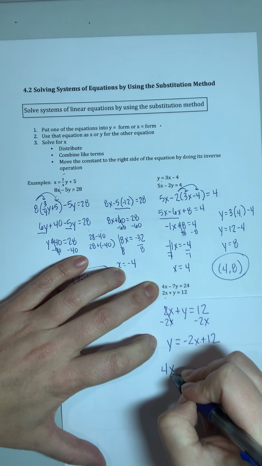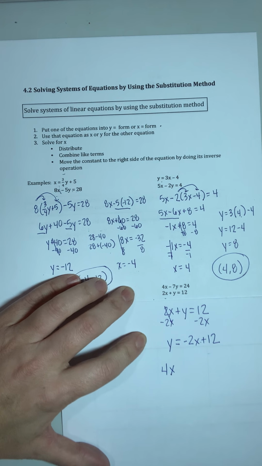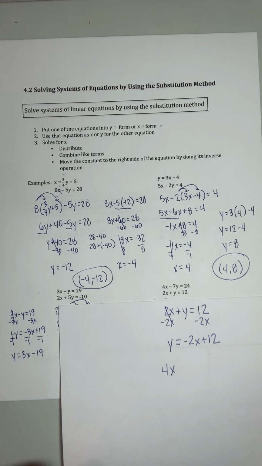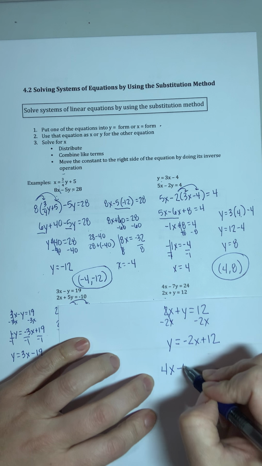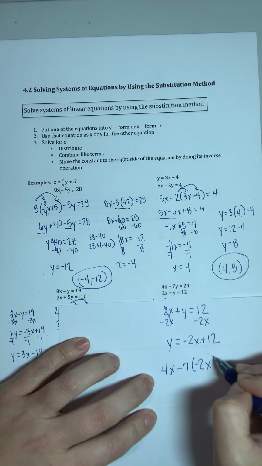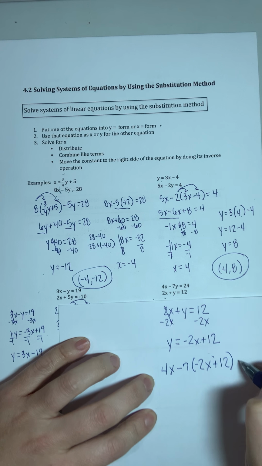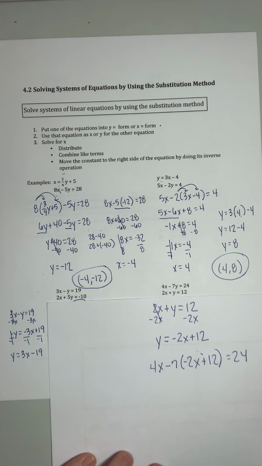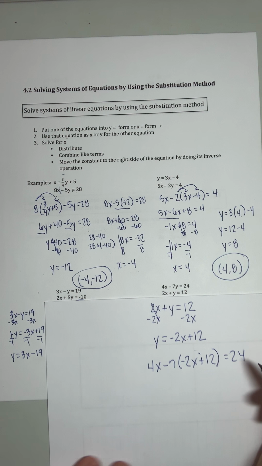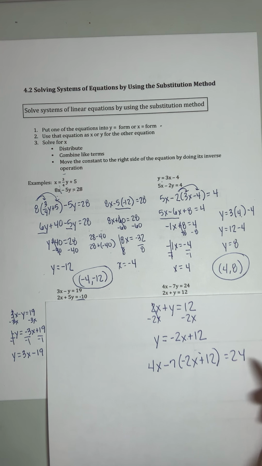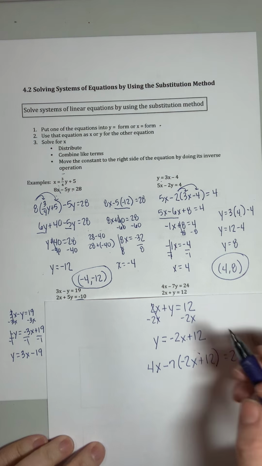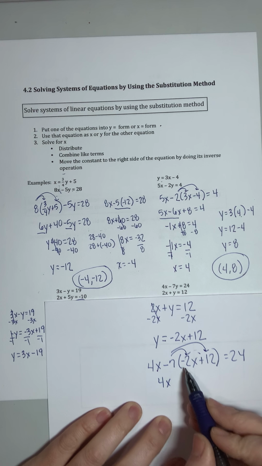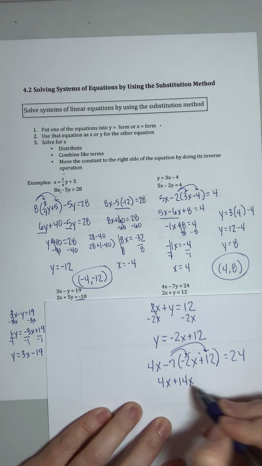So I have 4x. Can you guys see this? Okay, just making sure you can all see it. I have 4x minus 7 times negative 2x plus 12 equals 24. Okay, so now if I do my distributing here, the 4x stays. Negative 7 times negative 2 is positive 14x.